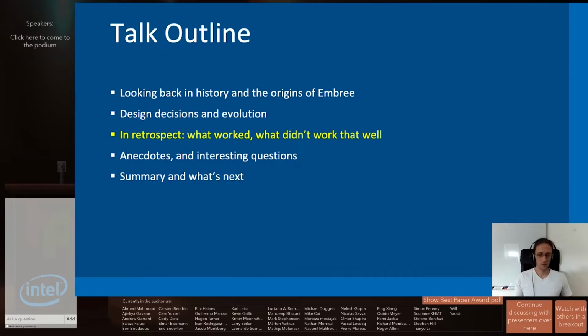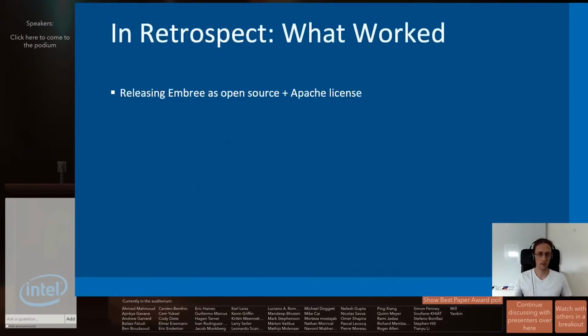Okay, so let's look a little bit at the features that we introduced over time and see what worked and what didn't work out that well. So what worked? Obviously, releasing Embree as open source under the Apache license was a big important factor for its adoption. Supporting all major compilers. This sounds simple, but it isn't.